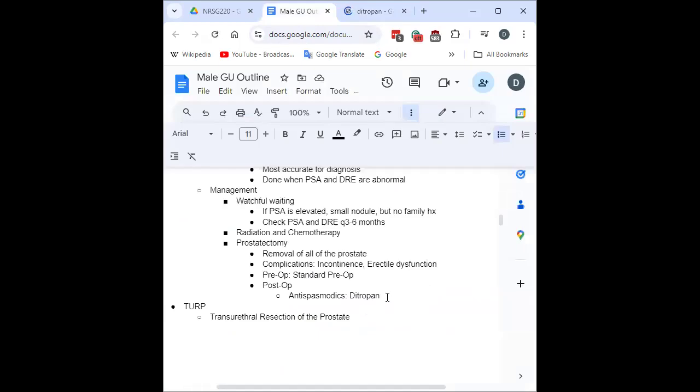Does it help with the robot assist? No, not really, not that I'm aware of. For catheter care, you can expect a light pink output.